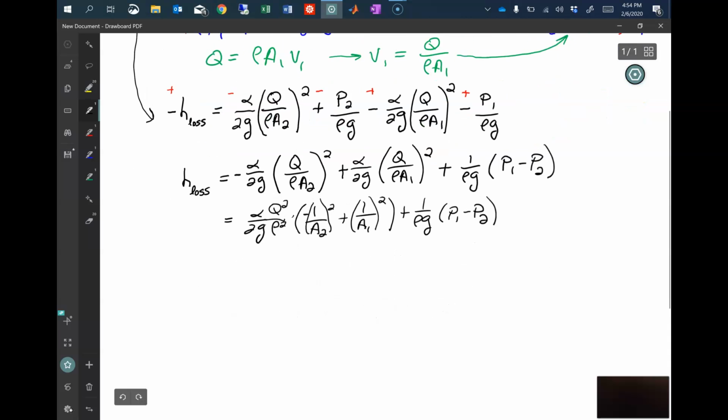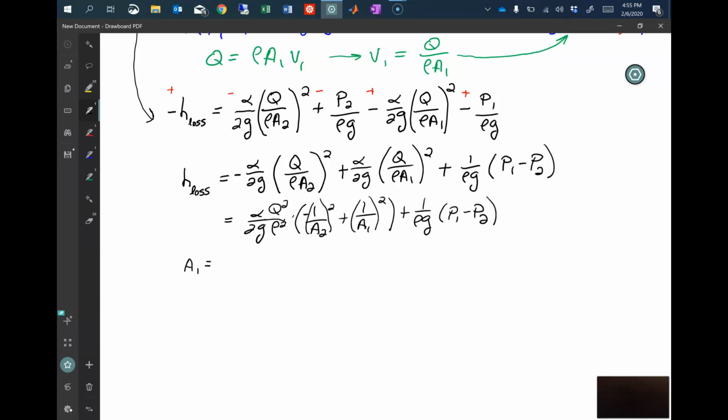All right. Okay, so areas. Area 1 is equal to, let's see, they give me the diameters in centimeters. Okay, so I'm going to put everything in meters.